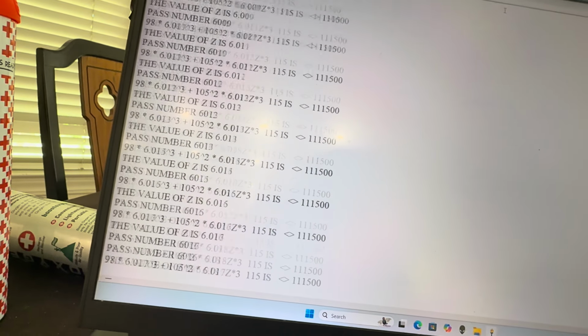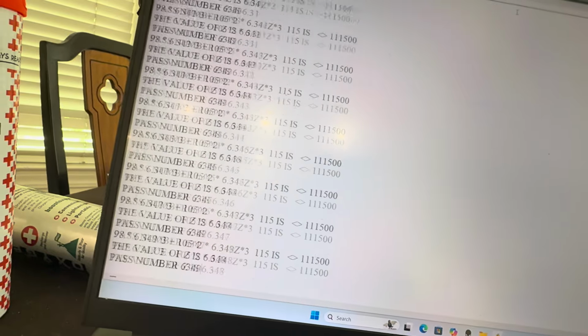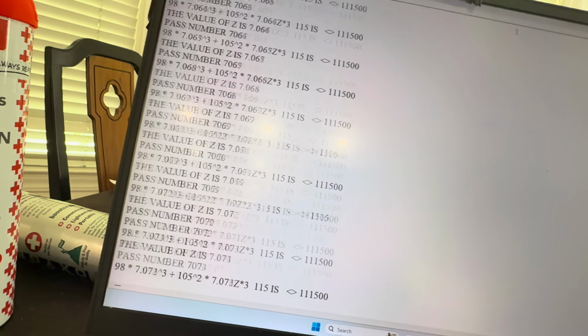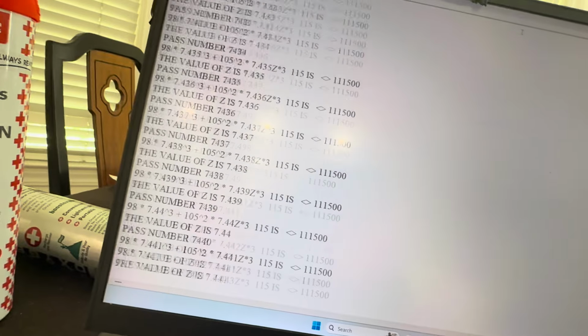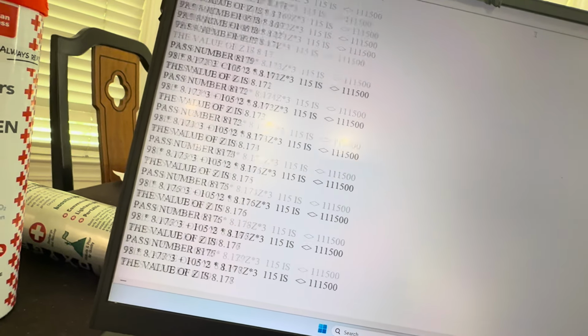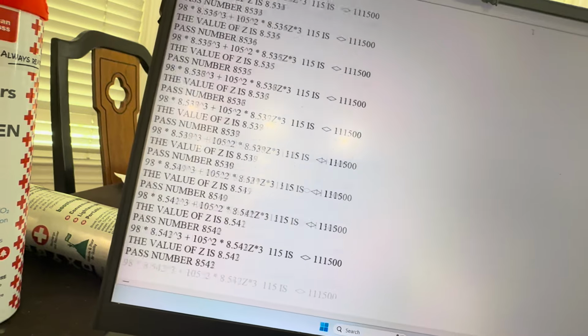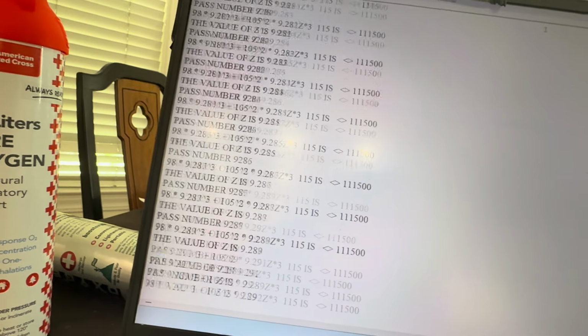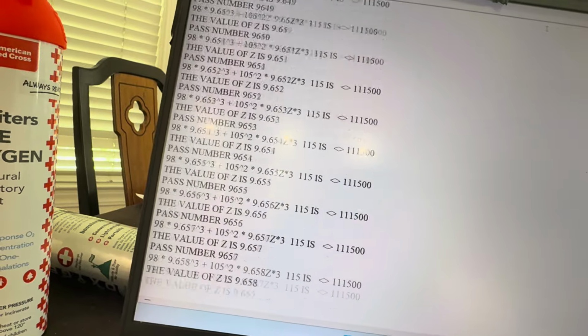In this example, 98x raised to the third plus 105x squared plus 115x equals 111,500. The program has figured out what the x variable equals to make the mathematical equation true.